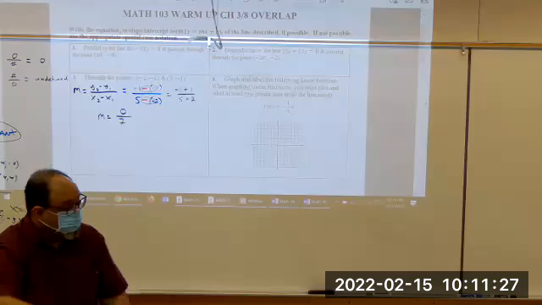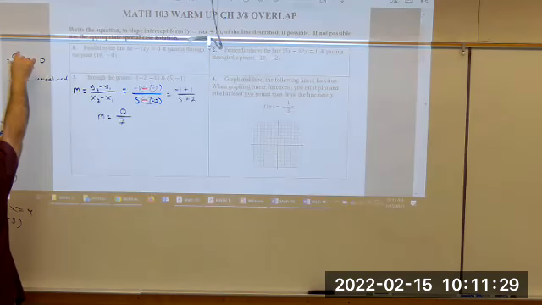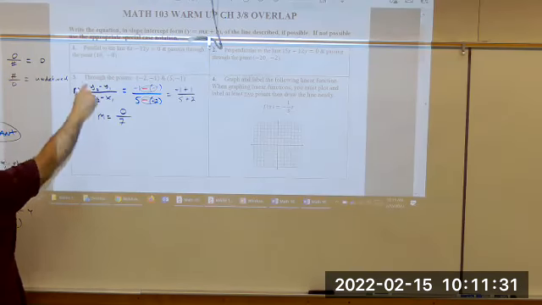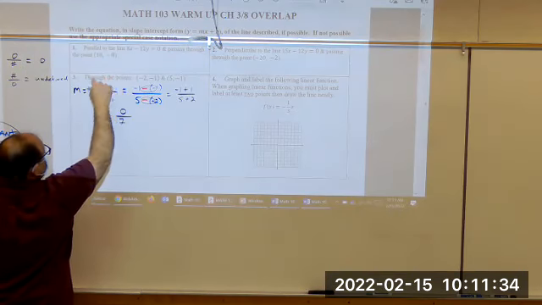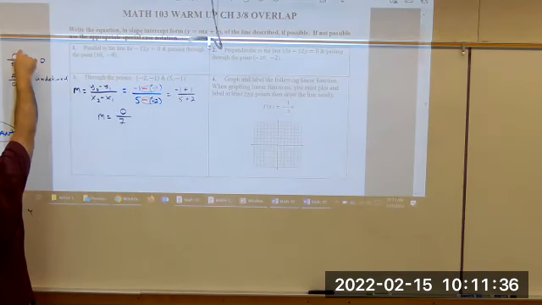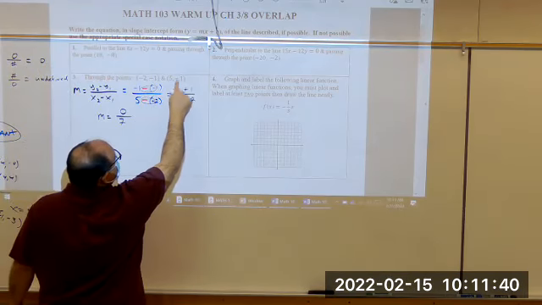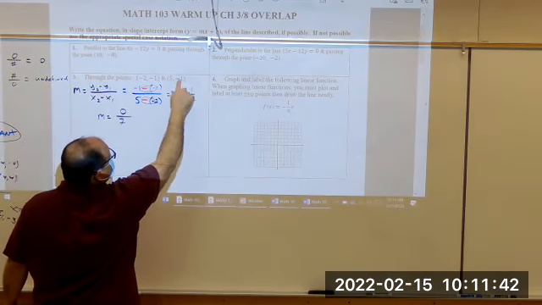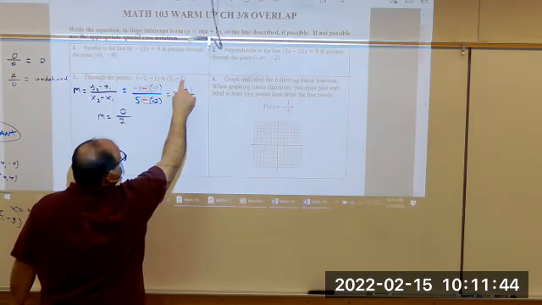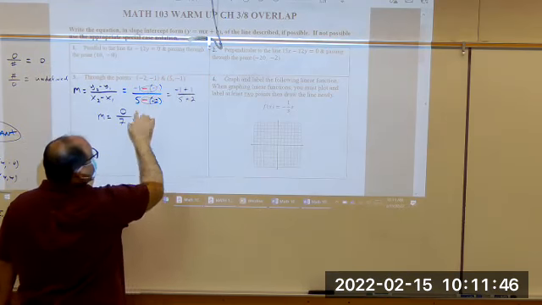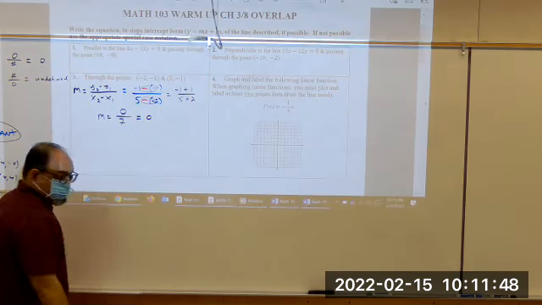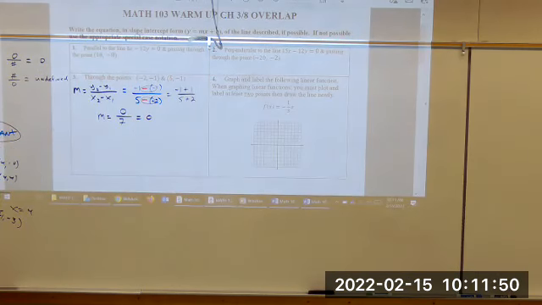When you get 0 in the numerator, that's because the y's that you're subtracting are the same two y's. And look, that's a negative 1, that's a negative 1. If I subtract the same thing from the other thing, they cancel each other out. I better get 0. And if the y's are the same, that's horizontal.